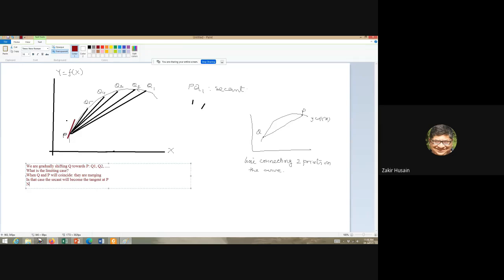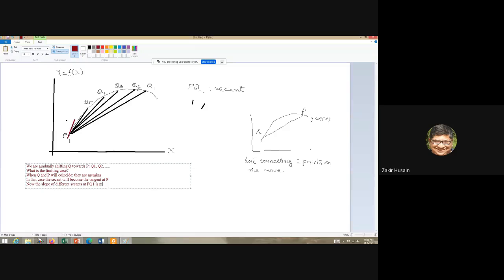So now the slope of different secants: PQ1 is M1, suppose. PQ2 is M2, and so on. When P and Q merge, the tangent is said to have a slope of M star.